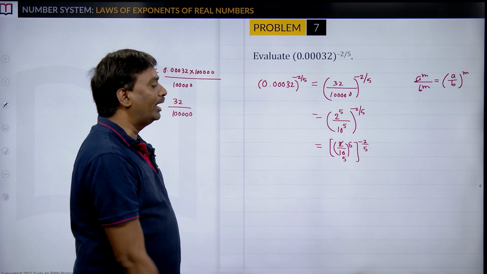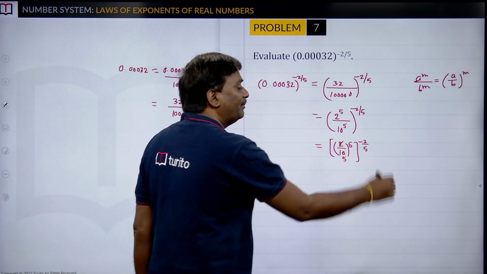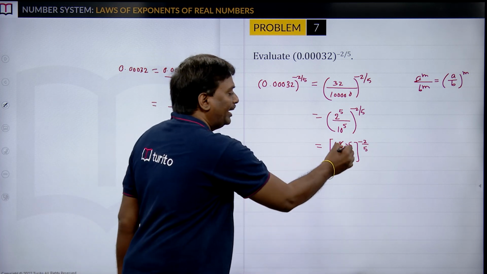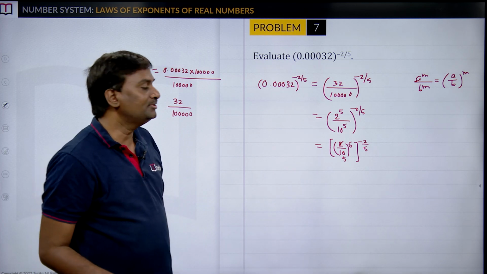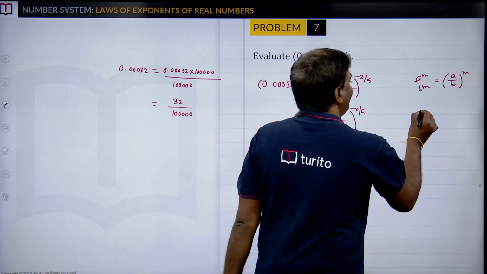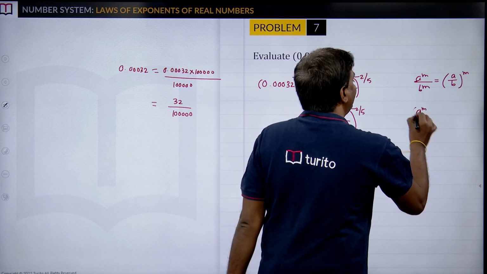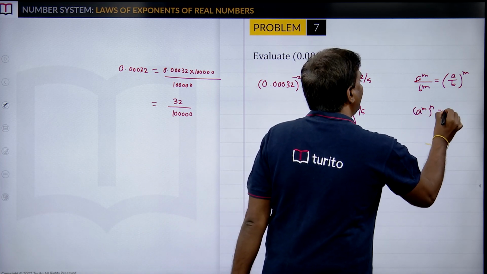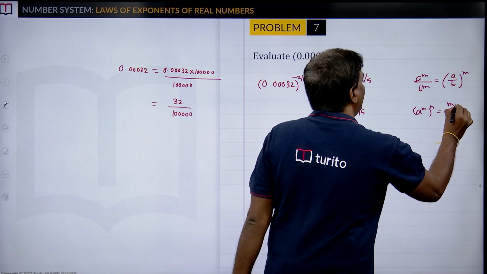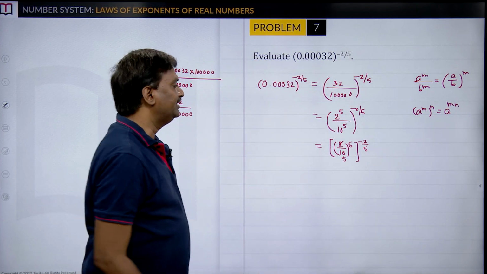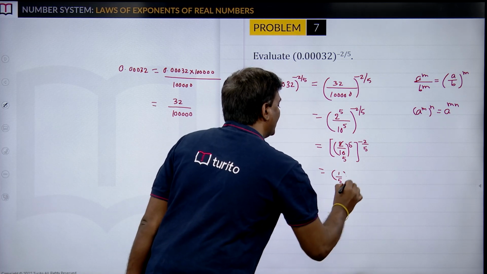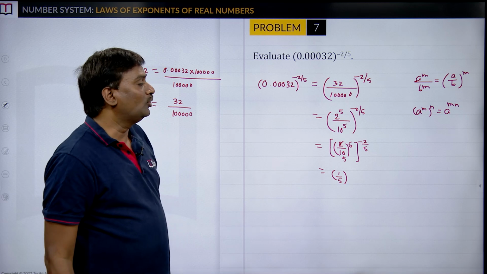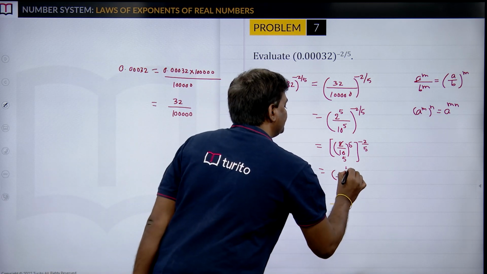So now we have 1 by 5 power 5, power minus 2 by 5. 2 by 10 means 1 by 5. Again applying the formula a power m whole power n equal to a power m into n, we can write 1 by 5 power 5 into minus 2 by 5.